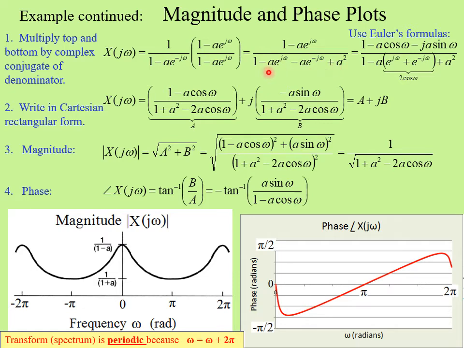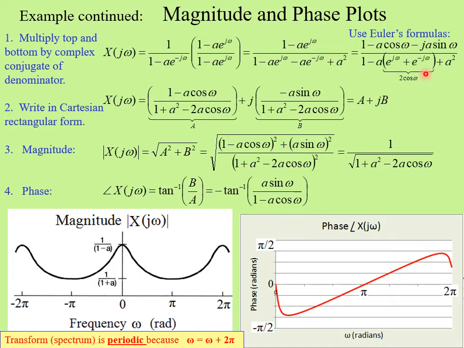Now again, this looks like a mess because now we've got two terms here that are complex quantities. We've got two j's, right? But the good thing is, they combine. We can use Euler's formula, and let's take this a, which is in front of each of these, and factor it out. So we have e to the j omega plus e to the minus j omega. Well, that's just 2 times cosine of omega, remember, from Euler's formulas.